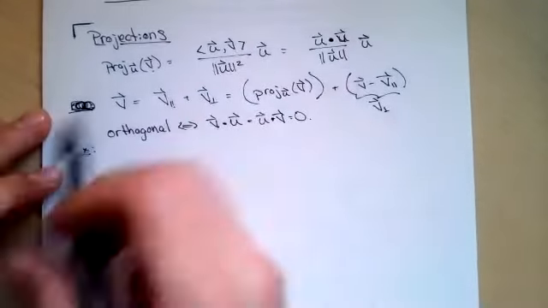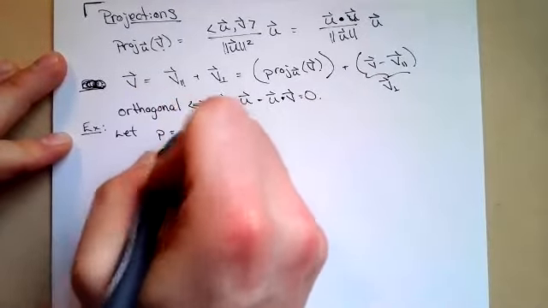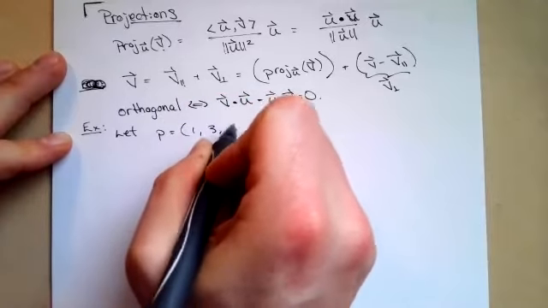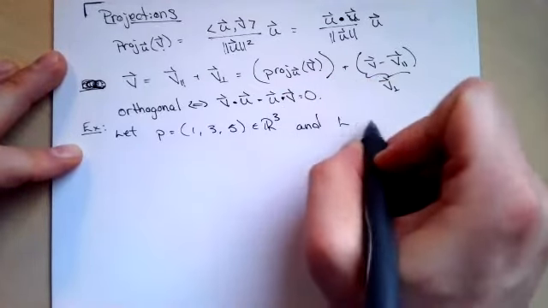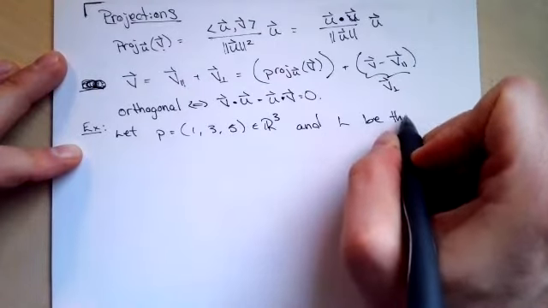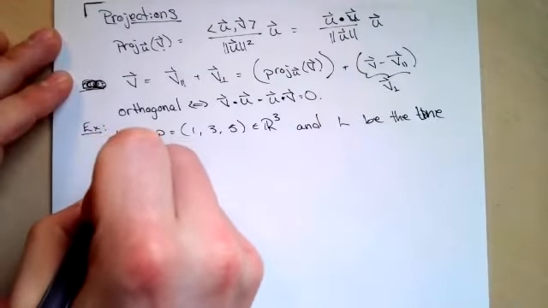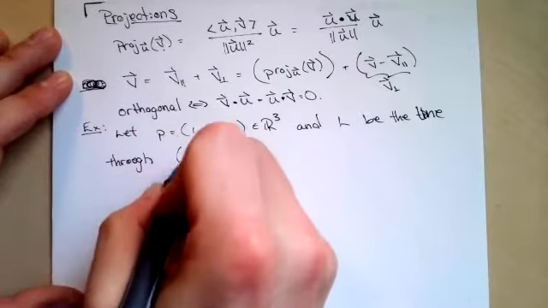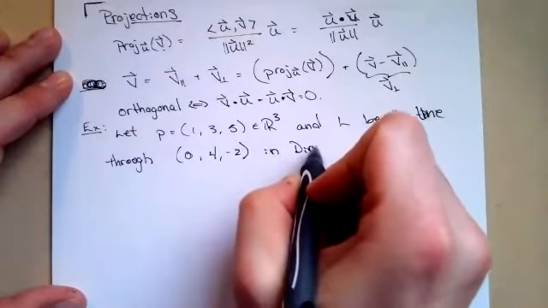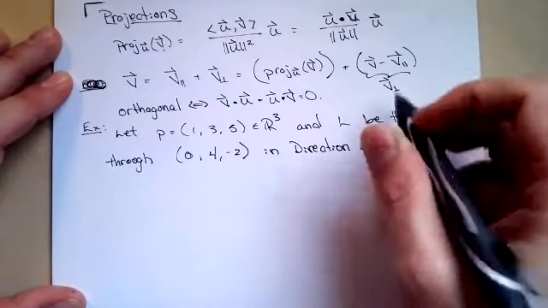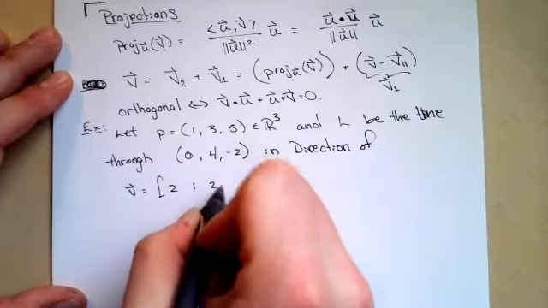So this comes up in distance. So if we give you a problem or an example where, let's say we have a point P is (1, 3, 5) in R3, and L is a line through (0, 4, -2) in the direction of our directional vector (2, 1, 2).